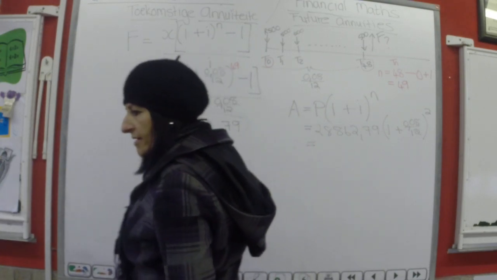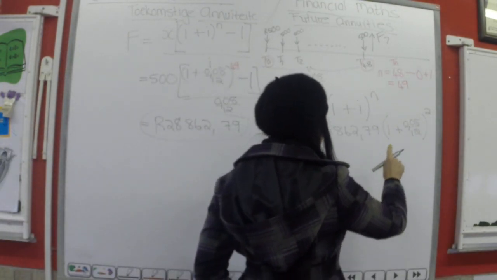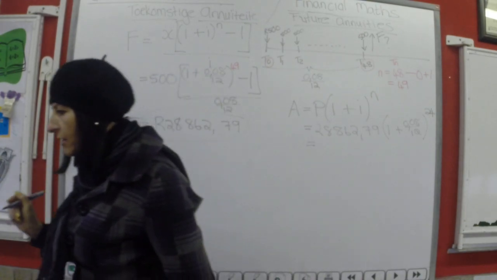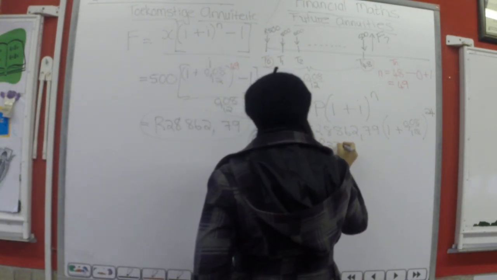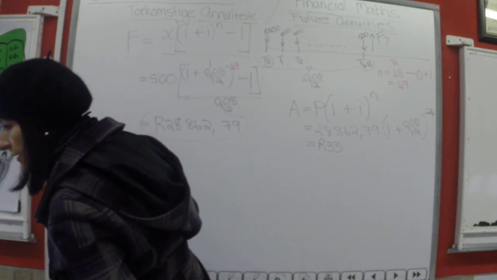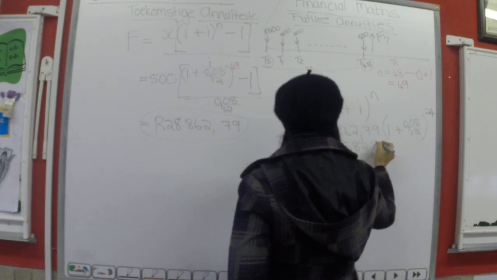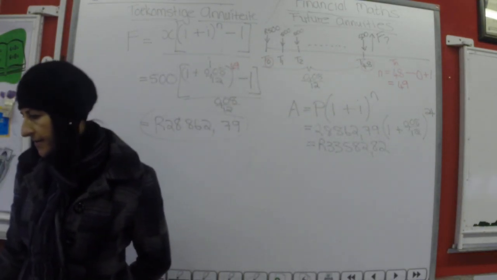En as ek daai in my sakrekenaar gaan insit, now it's not 2 years because it's compounded monthly. It's 24, 2 times 12, en dan kry ek dat hy op die ou einde 33,582.82 rand het, wat hy dan kan gebruik vir sy oorseese reis.